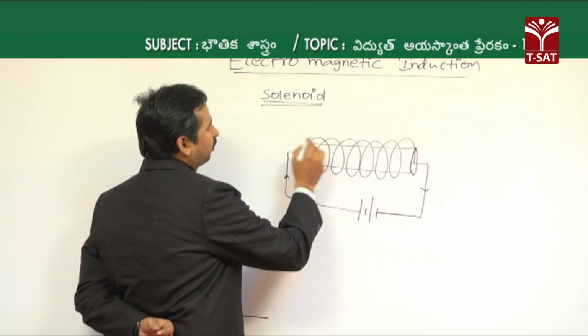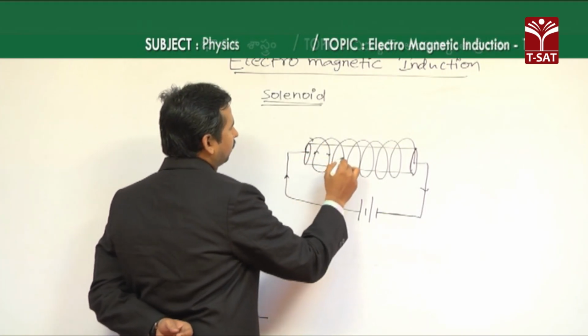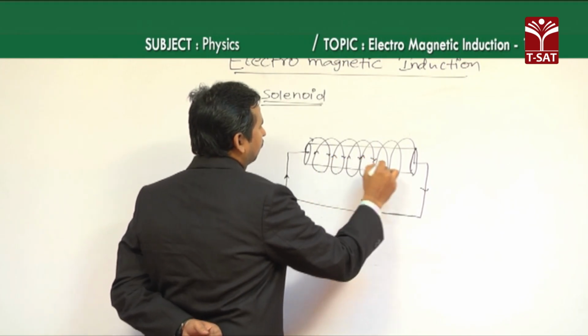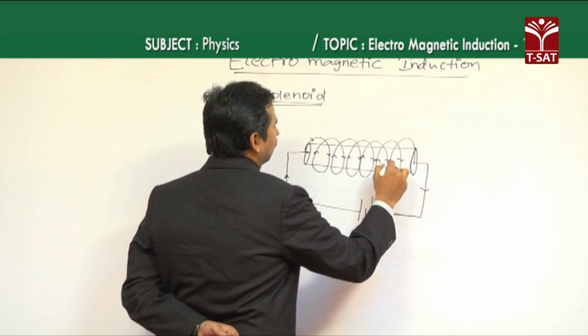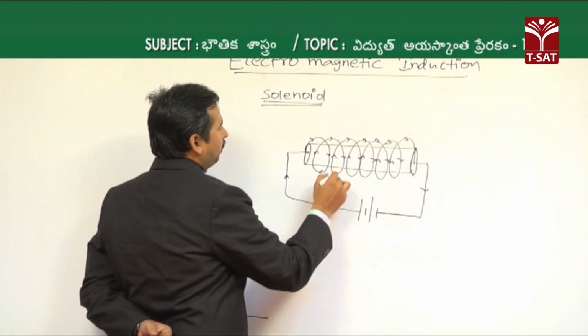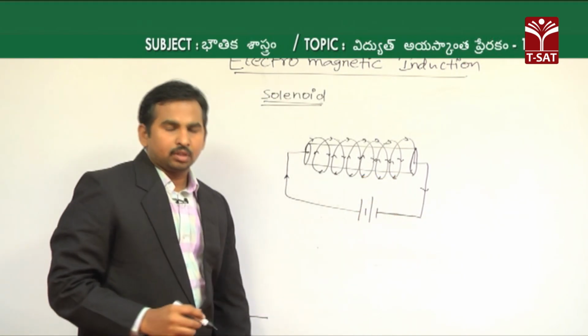The direction, if you observe here, is coming down, going up, again coming down, going up like this. Here we have a large number of turns.